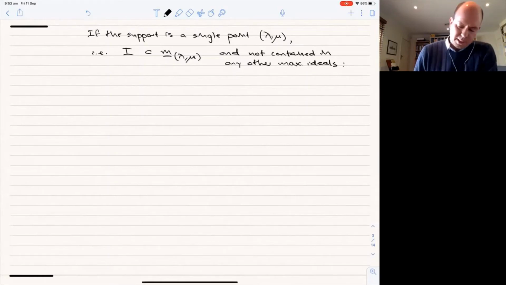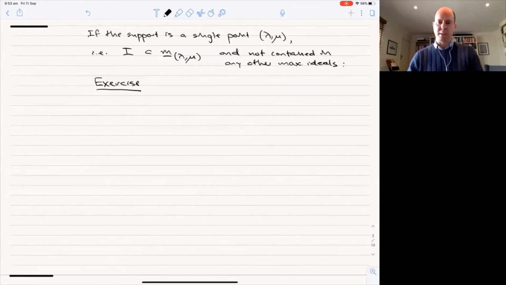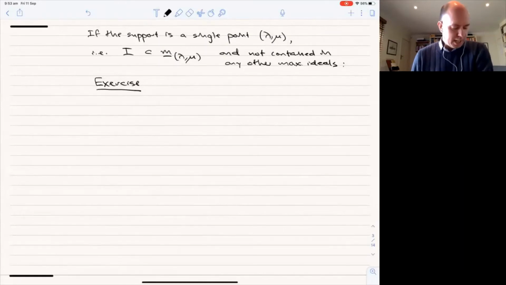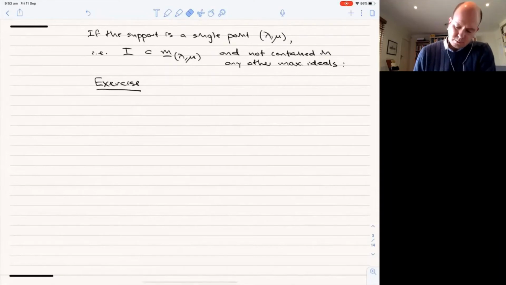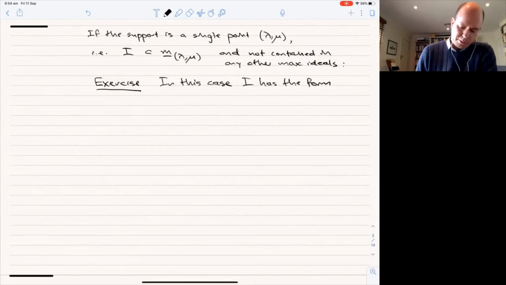So then maybe this should be an exercise, since we're getting close to the break. So the exercise should be that in this case, I has to have the following form.